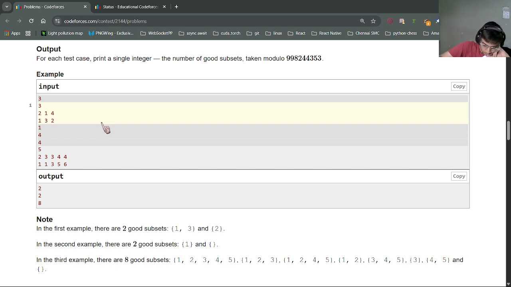One and two. So one at a time will be one. But two at a time. Okay, let me just write this down. From one, one at a time, we get one.